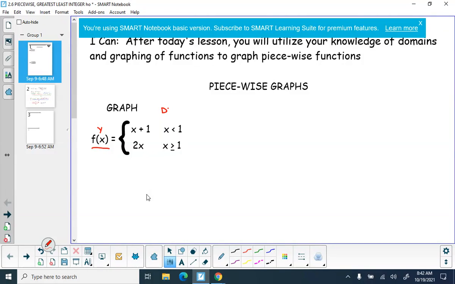These are domain conditions. When our x value is less than the value of 1, y is equal to x plus 1. When x is greater than or equal to 1, y is equal to 2x. And we want to be able to graph this.